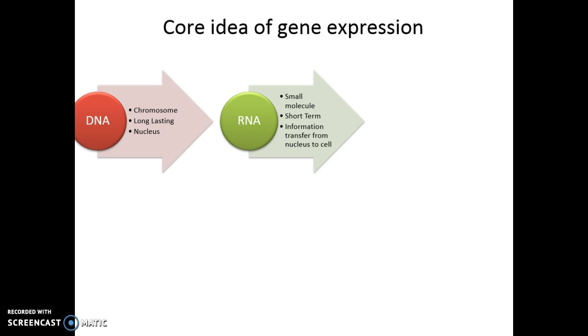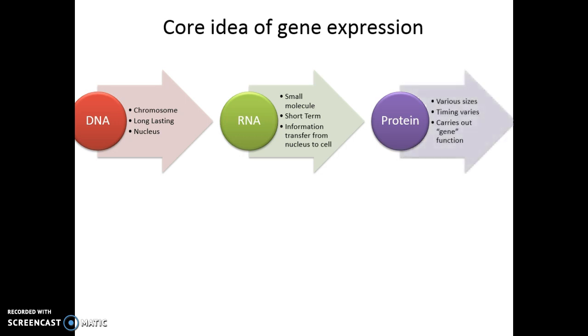And that is what is going to occur in eukaryotic cells, or in your cells. The RNA is going to act as the map, so to speak, to get your protein. Proteins are going to be different sizes, they're going to be expressed at different times, but the protein is what carries out the genetic function.